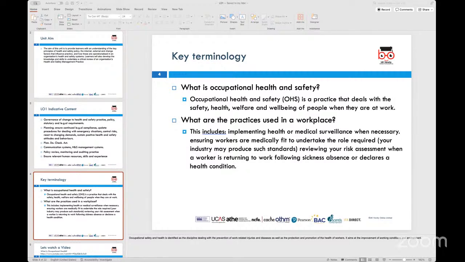Every year in the UK, most organizations need to get PAT testing done, which is testing of portable appliances, the electricals. Yeah, correct.